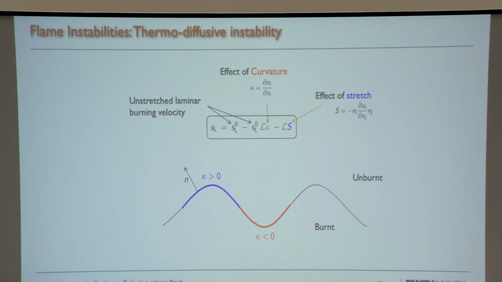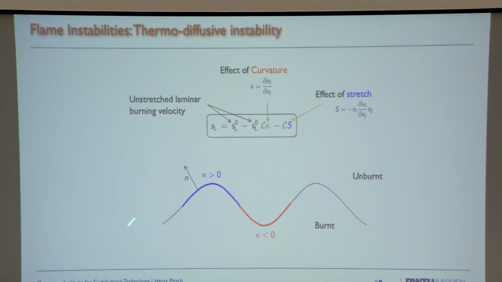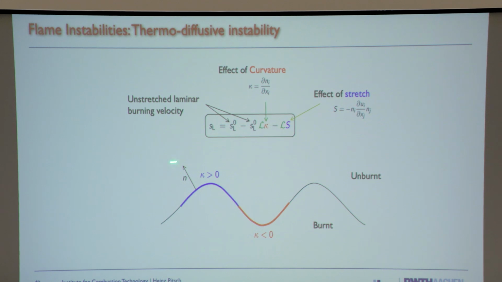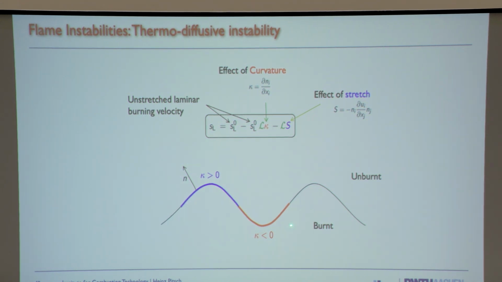It's a flat flame, but then you perturb it a little bit, you have some corrugations of this flame front. On top is unburnt, on the bottom is burnt, and so this burns from the bottom to the top. And if it burns with the same burning velocity everywhere, what we said earlier happens: you get these cusps on the burnt side, and here curvature gets smaller.